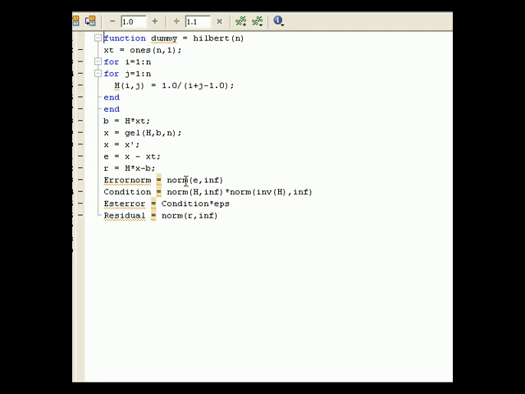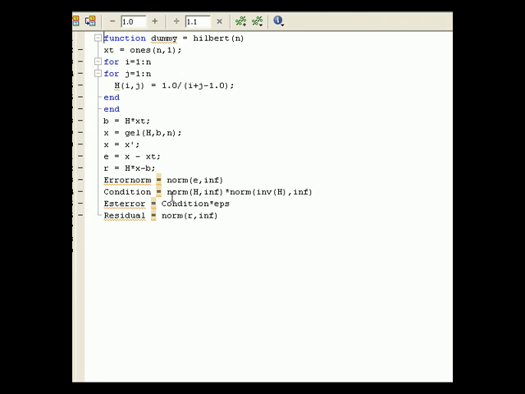So I calculate the norm of the error and the norm of the residual. And then for comparison, our rule of thumb says that the error should be about the condition number times the machine precision. EPS is going to be like 10 to the minus 15th for MATLAB. So we'll compare the estimated error using our rule of thumb with the actual error norm, and calculate the condition number as the norm of H times the norm of H inverse.